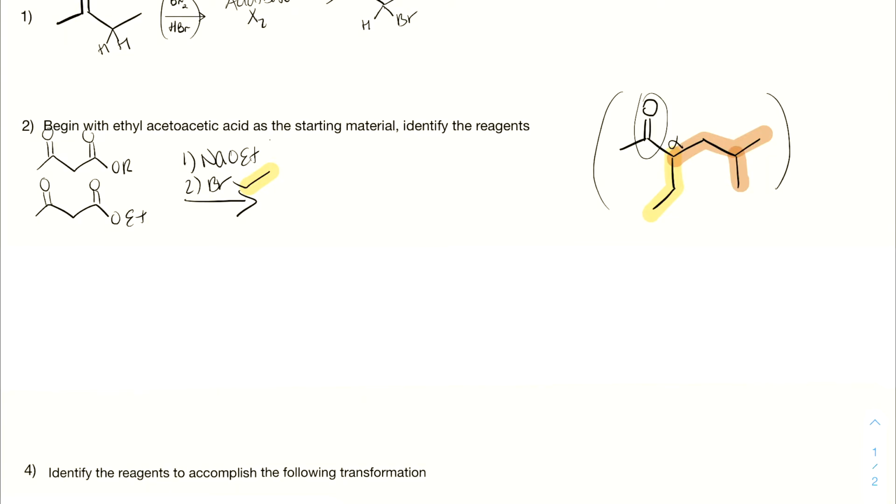So what you do is you deprotonate the alpha hydrogen through the mechanism of the OEt, removing the alpha hydrogen, and you do an SN2 reaction, which attacks this position right here, and this bromine leaves as a leaving group. So you get something that looks like this.